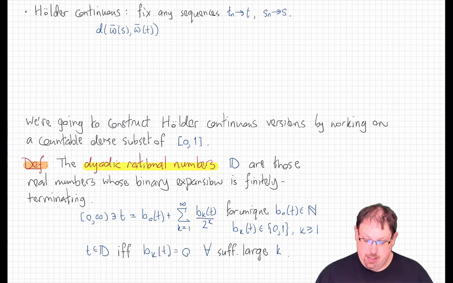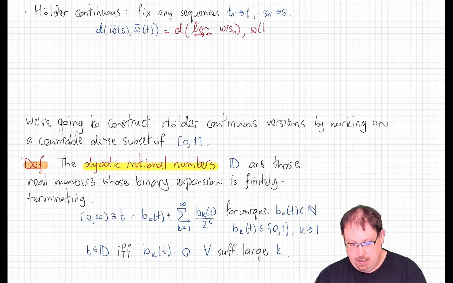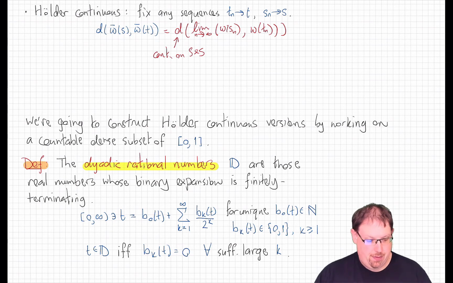If I fix any two sequences, Tn going to t and Sn going to s for any two times, t and s in the unit interval, then the distance between the extension of omega at s and the extension of omega at t is, by definition, the distance between the limit as n goes to infinity of omega of Sn and the limit as n goes to infinity of omega of Tn, but this is just the limit of this vector in S cross S. And D is a continuous function on S cross S in the topology that it defines, of course.